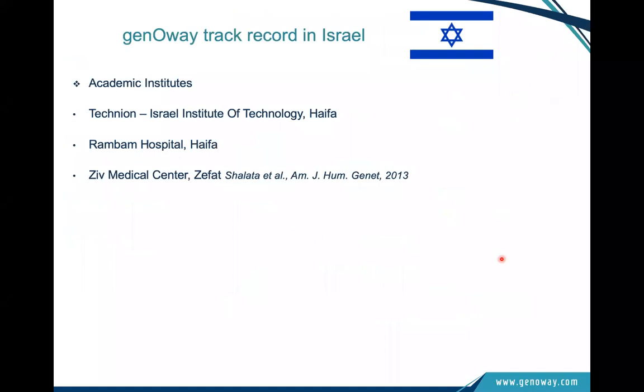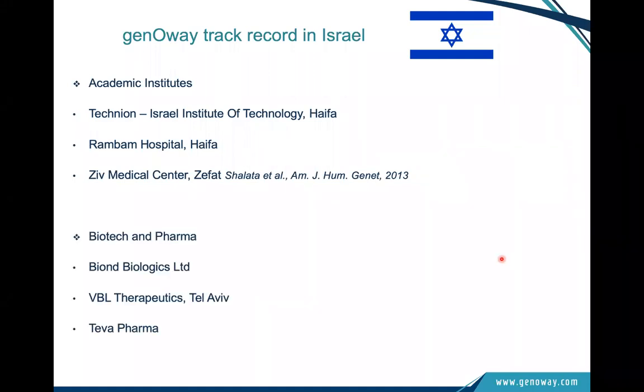So in Israel, what is our track record and what have we done? We started to work in Israel probably about 13 to 15 years ago. We first started to work with some renowned academic centers mentioned on this slide, such as the Technion, but also the Rambam Hospital and the Ziv Medical Center, and we could have added the Weizmann Institute here. We then started to work with a few biotech and pharma companies mentioned here.